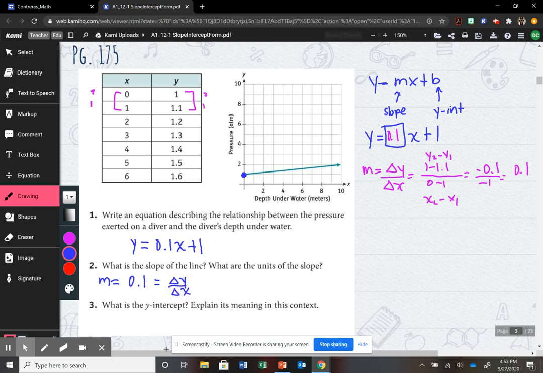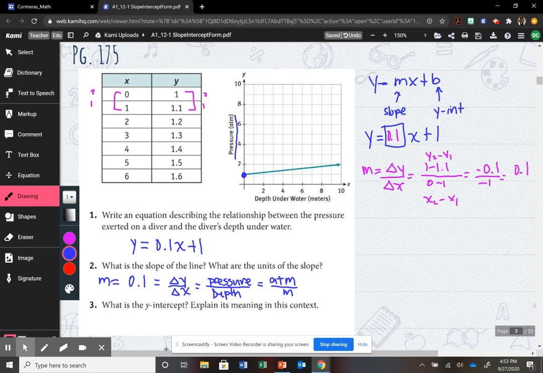change of x, right? But what is our change of y? Our y is our pressure over our change of x, which is our depth. And that is, our units are our ATM over our meters, okay?